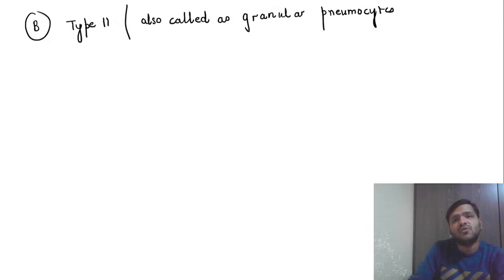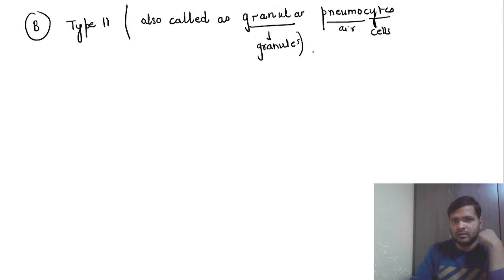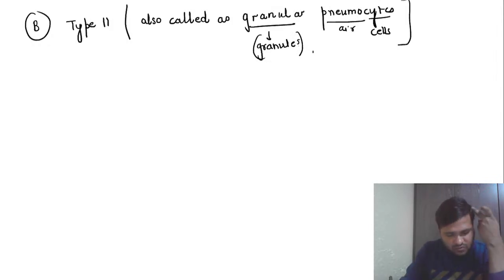Now, pneumo means air, cytes means cells, and granules are basically pigments. These granules will contain some pigments or something, we'll learn what they contain. So type 2 is also called as granular pneumocytes.